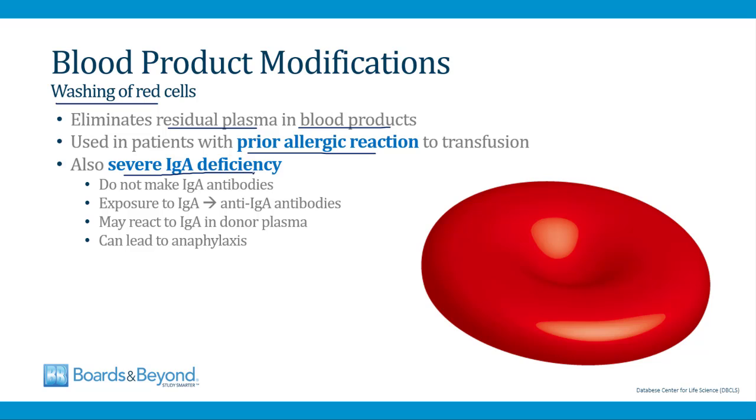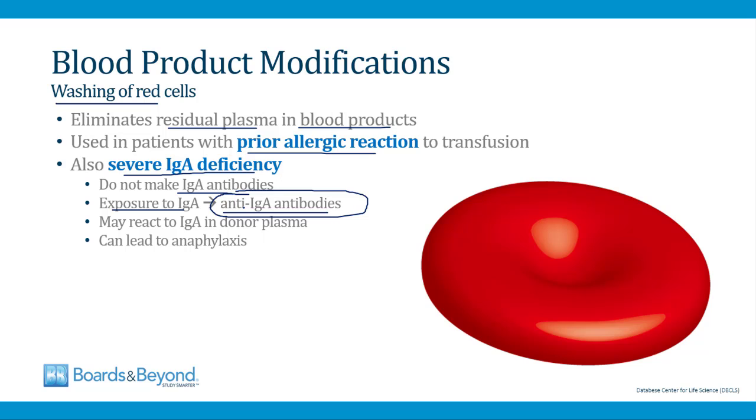Patients who have IgA deficiency do not make IgA antibodies. This usually doesn't lead to a severe immunocompromised state, but it does mean that these patients, if they're exposed to IgA naturally, can produce anti-IgA antibodies. Most of us cannot produce anti-IgA antibodies because we have IgA present in our body, but if you're IgA deficient, you can produce anti-IgA antibodies.